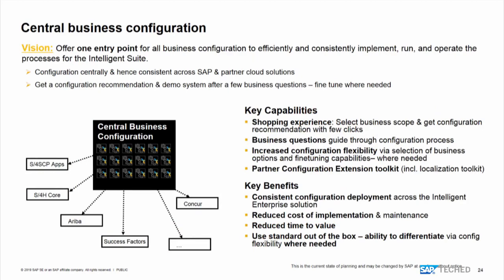Now, another topic we are working on, and this is also a preview, not yet available in the cloud, but we are working towards next year, is the ability to centralize configuration. If you look at what our customers are looking at for deployment of cloud services or cloud subscriptions, it could be the digital core S4 together with Concur or maybe SuccessFactors, right?